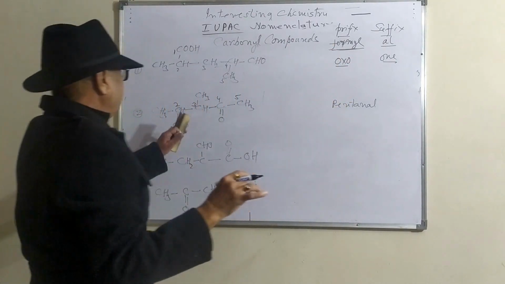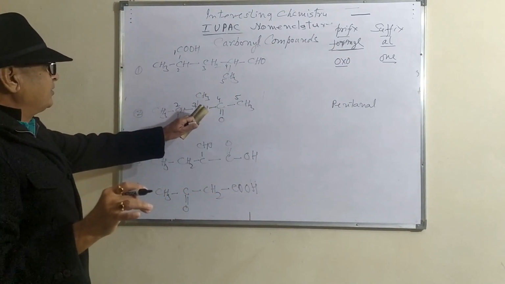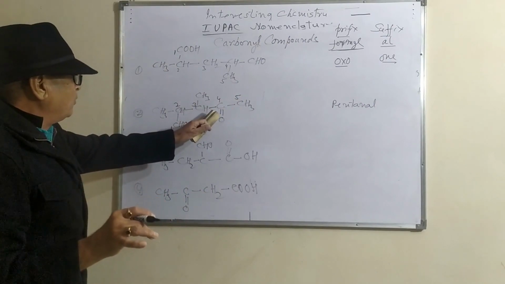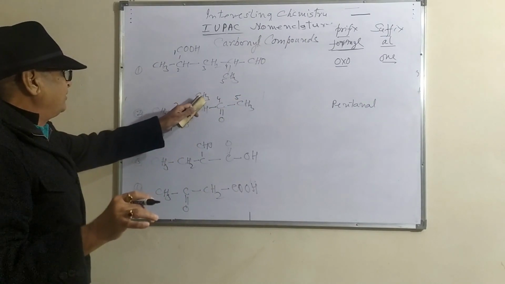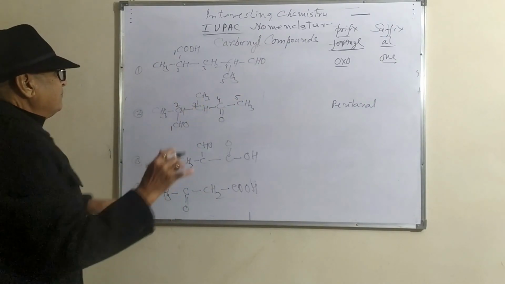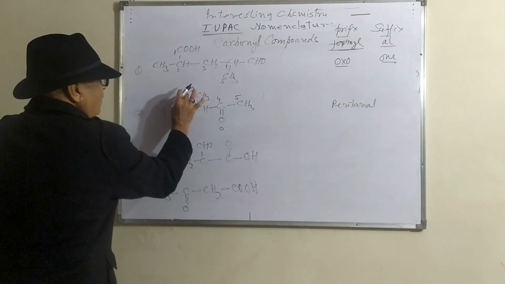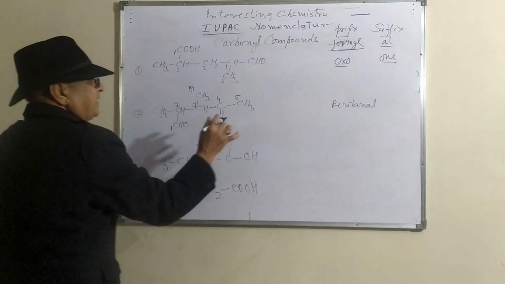So the prefix of the ketonic group is oxo. So we write here 4-oxo. And then methyl. Which one comes first? Methyl starts with M, oxo with O. So M comes first.